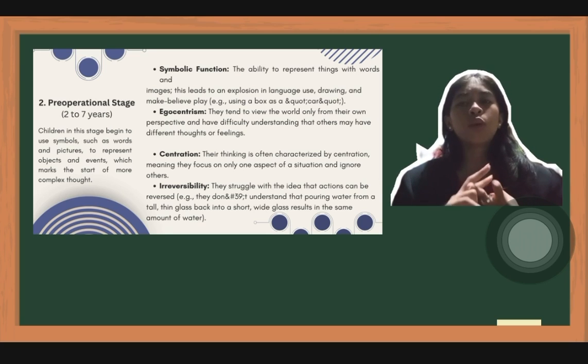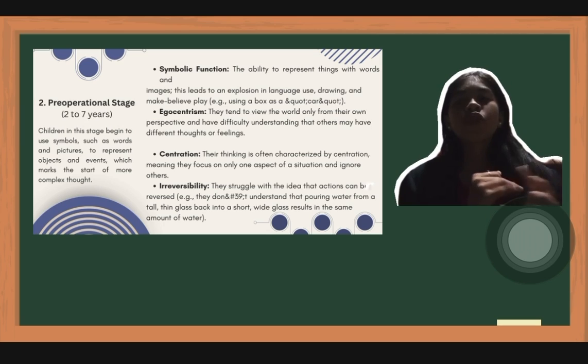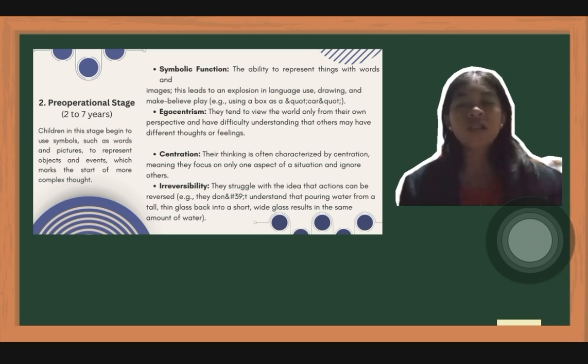The second one will be the preoperational stage, 2 to 7 years. Children in this stage start to use symbols such as words and images to represent objects. Their thinking is imaginative but not yet logical.